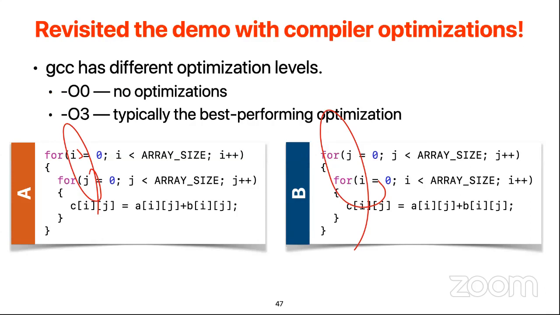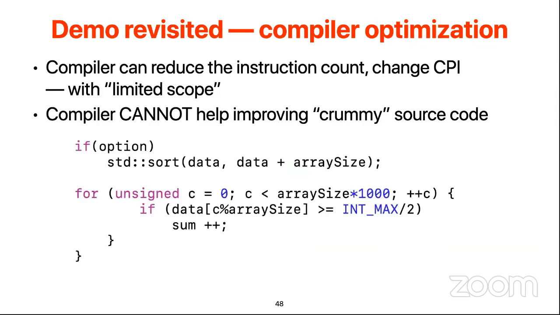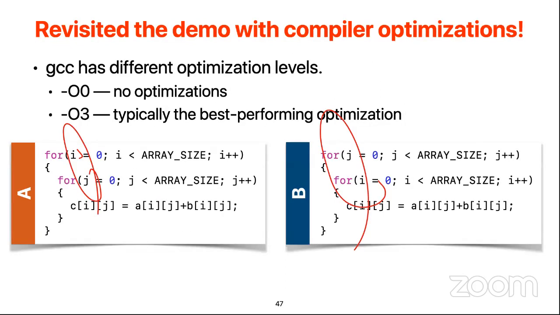So that's the reason why the programmer has to know this, otherwise the compiler cannot help you. There are tons of limitations on the compiler, so it's important for you to figure out what kind of stuff the compiler can do, and what kind of stuff it cannot do.